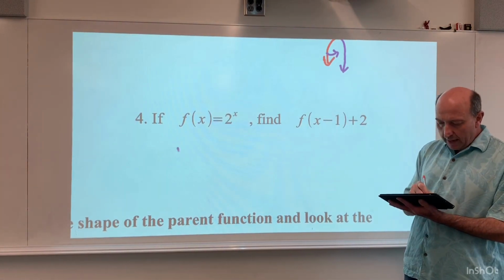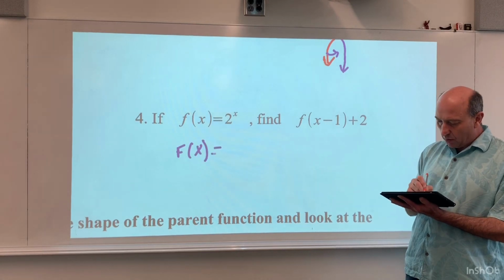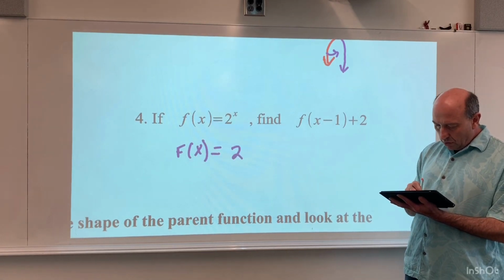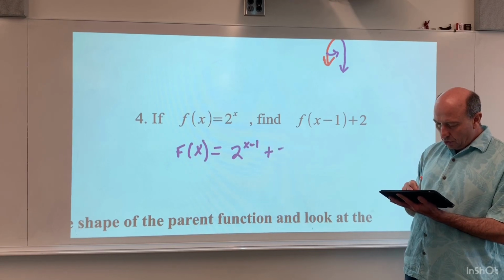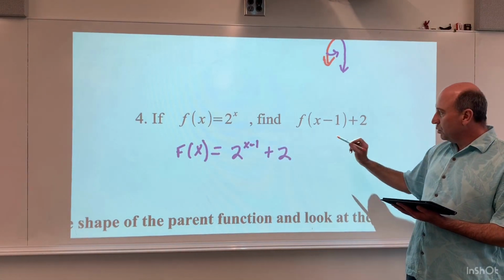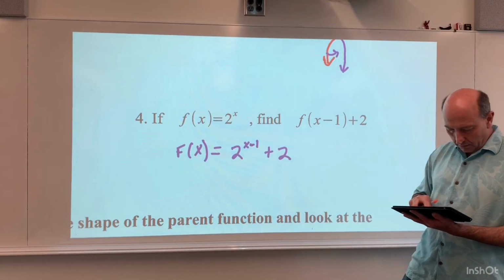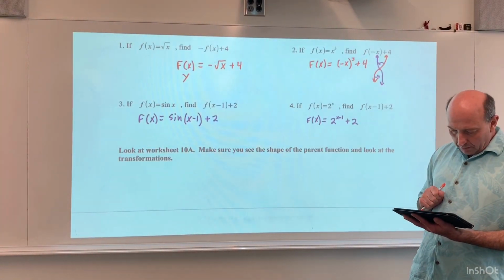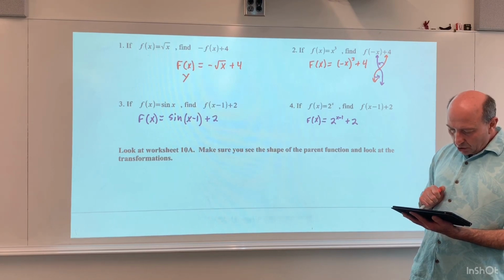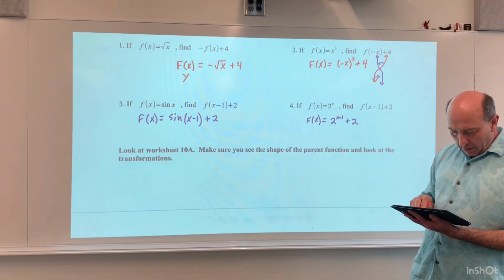So that would look like this. F of x equals 2 to the x minus 1 plus 2. So this moves it to the right 1, up 2. Make sure you see the shape of the parent function and look at the transformation.